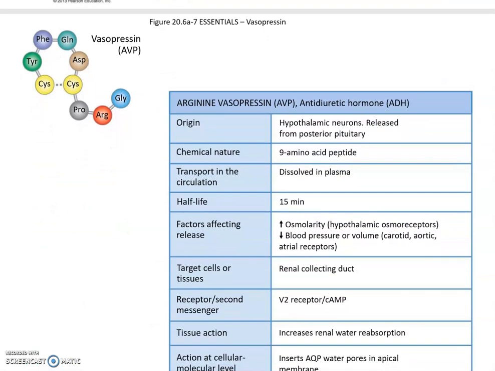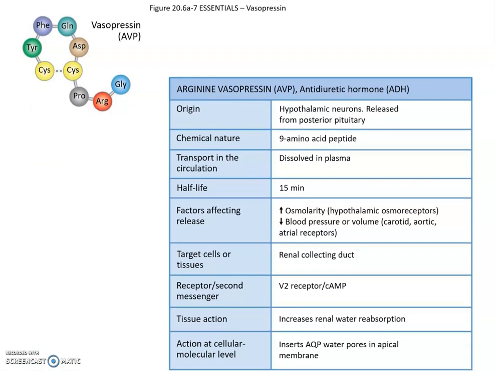Here is more profile on the vasopressin/ADH. Again, I prefer ADH, antidiuretic hormone, the origin and chemical nature, so you can take a look at that. The half-life is relatively short, 15 minutes, and you can just read through the rest of this profile here.